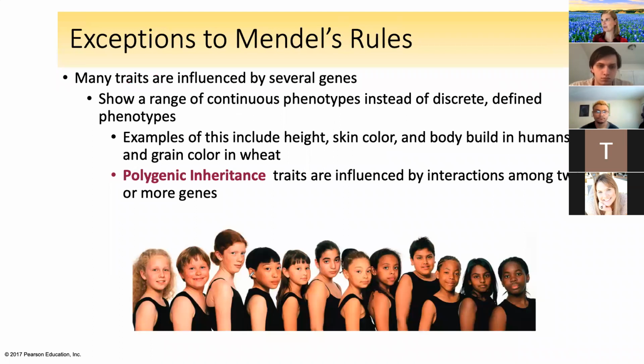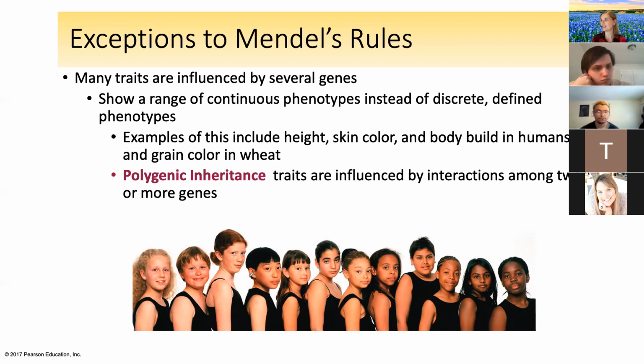Another example of something that's an exception to Mendel's rule is something known as polygenic inheritance. So again, poly meaning more than one, so more than one gene in this instance. And so here is where multiple genes are affecting a single trait. So kind of the reverse of pleiotropy that we just saw.